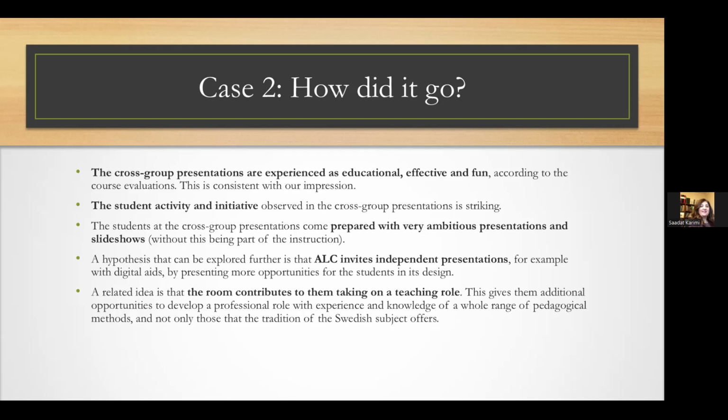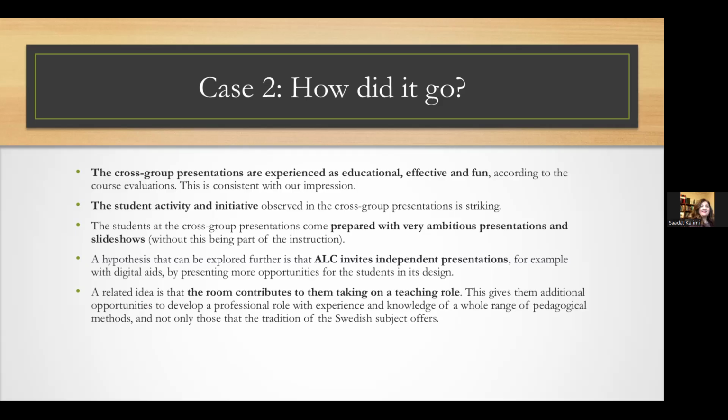Something that's worth considering further is that the students at the cross-group presentations come prepared with very ambitious presentations and slideshows, without this being part of the instruction, as I mentioned before.